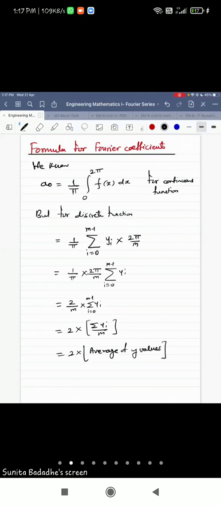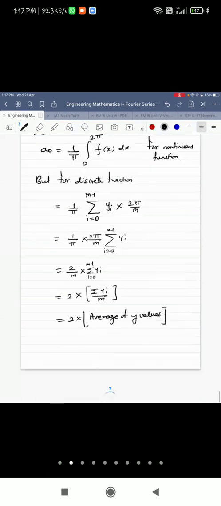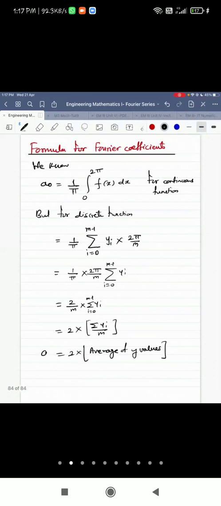I am taking the total of y values and dividing by the number of observations. So this is 2 into the average of y values. Just remember this formula: the formula for a naught is 2 into the average of y values.